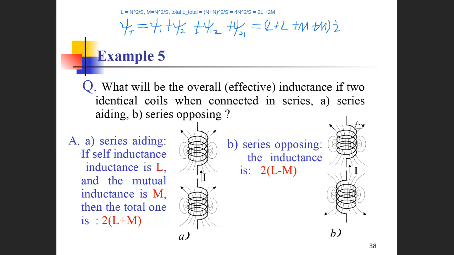And similarly for this case, if coil 1 is in this direction and coil 2 in this direction, the magnetic fields will be opposite to each other. The total flux for coil 1 is the coil 1 flux minus this one, and for coil 2 it is the coil 2 flux minus this one.